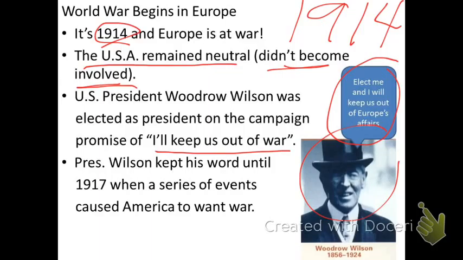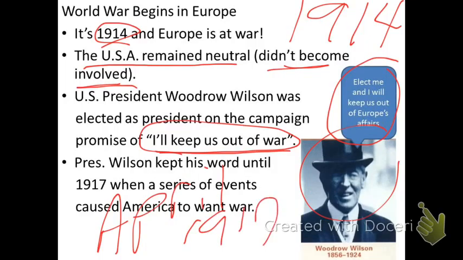So the 1916 campaign: "I'll keep us out of war." He wins re-election, and he keeps his word to keep us out of war until April 1917, when a series of events caused us to join the war.